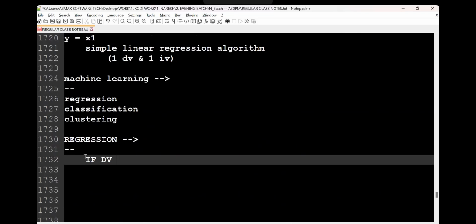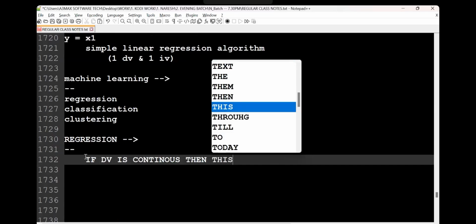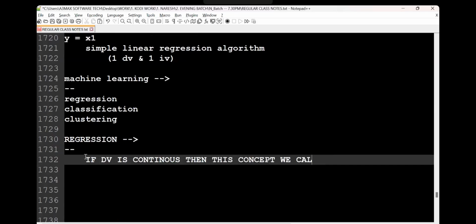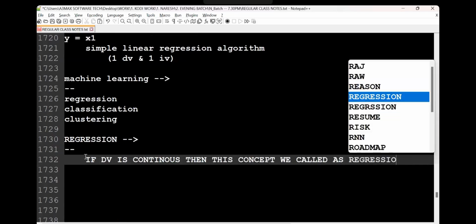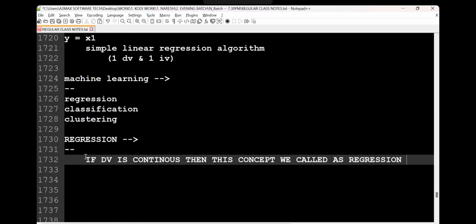If the dependent variable is continuous, then this concept we call regression. What I'm saying? If the dependent variable is continuous, this is very powerful.